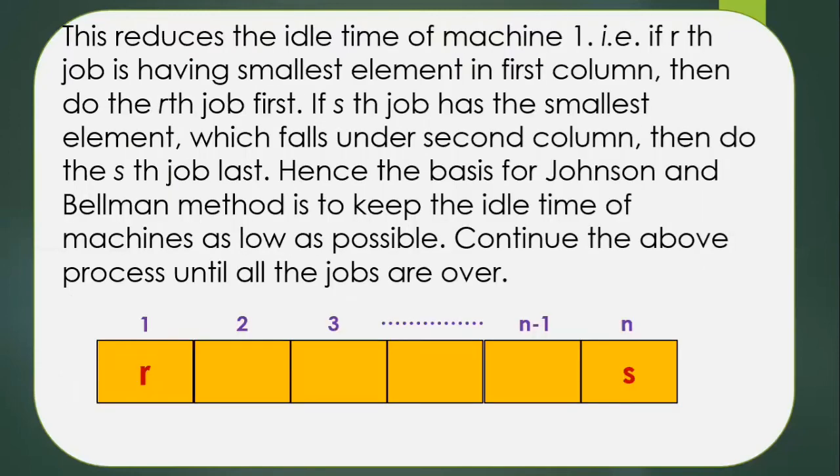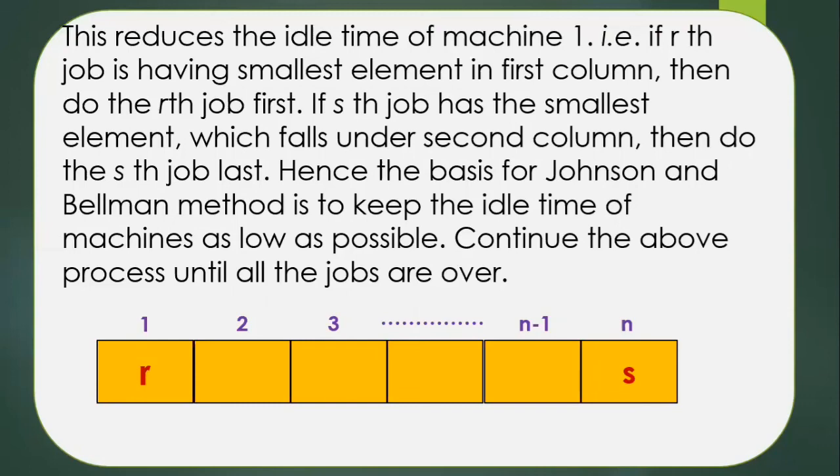For example, if rth job is having smallest element in first column, so as you can see on the graphical or tabular presentation at the bottom corner or part of the text, okay? So again, for example, if the rth job is having smallest element in first column, then do the rth job first.